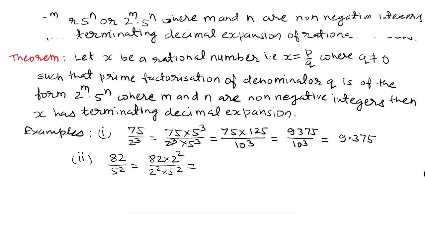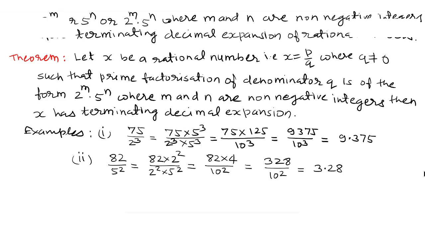This is equal to 82 multiplied by 4 upon 10 to the power 2. This is equal to 328 upon 10 to the power 2, equal to 3.28.